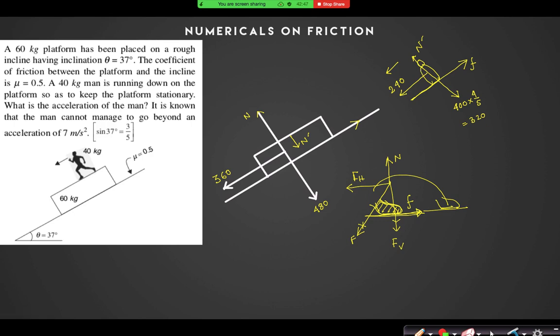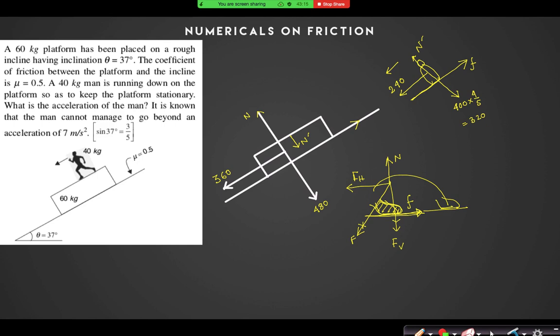You can imagine yourself instead of that person. Suppose you have moved up an uphill, and while coming down, you see your acceleration going up. So what will you do in order to minimize your acceleration? Will you push the surface of the inclined plane backward or forward?